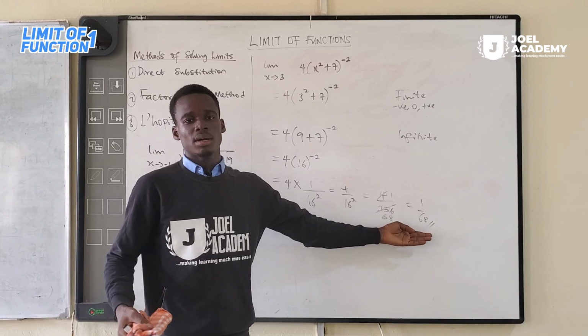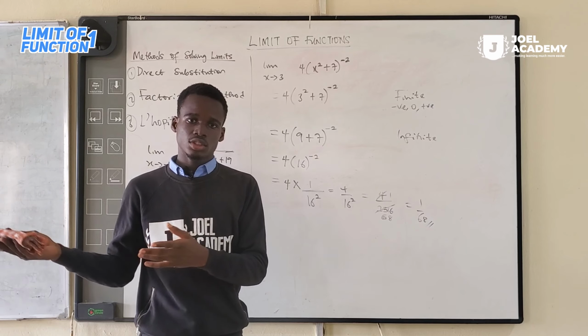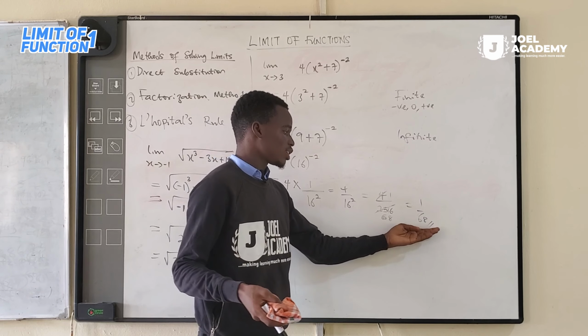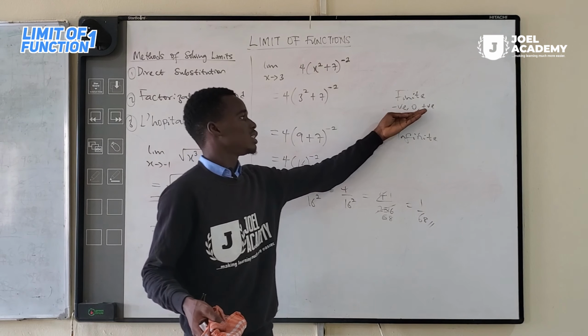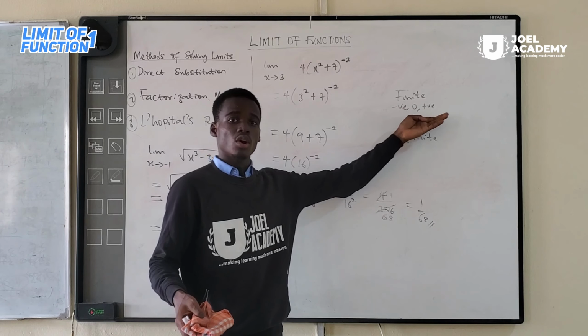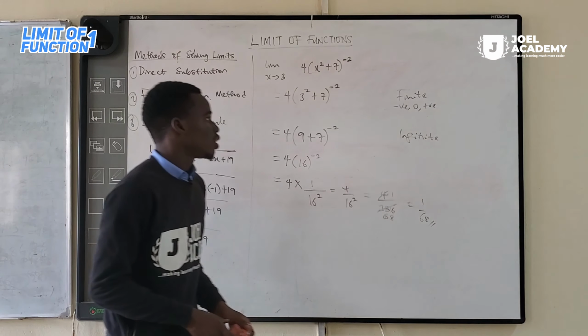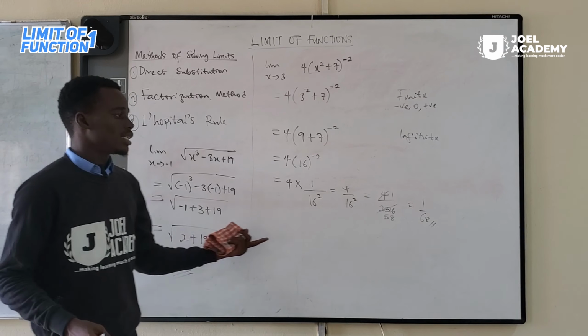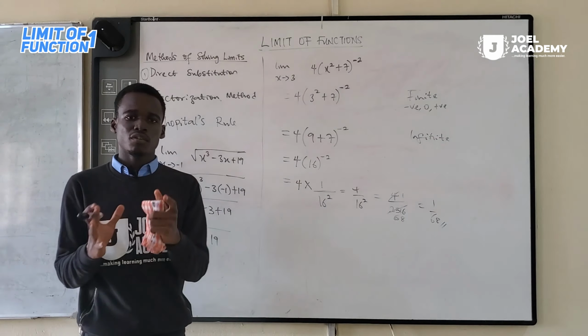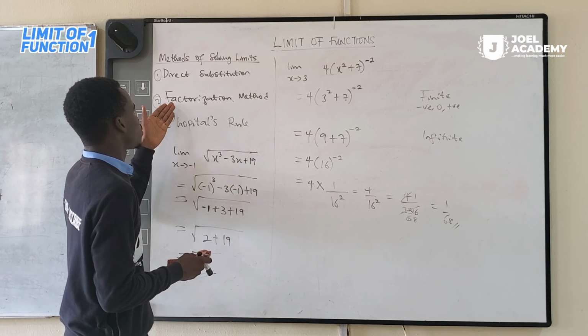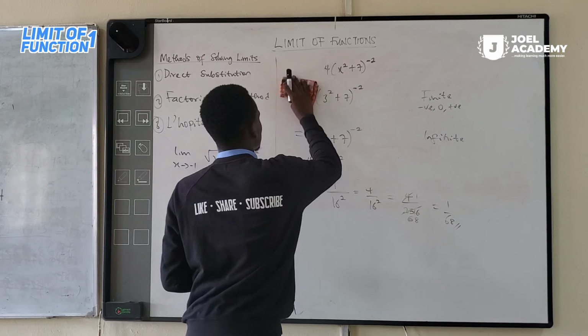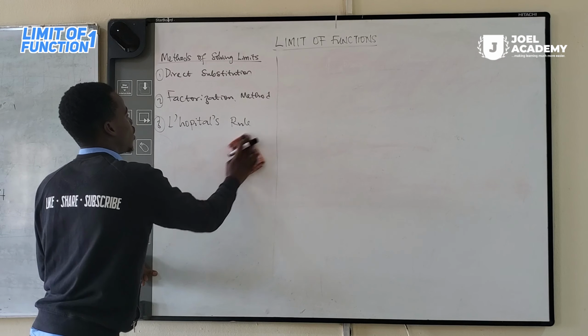It's also a finite number. You'll be having 0 point something as a final answer. So it still falls within the range of either a negative number, 0, or a positive number. But by the time we see that our answer is infinity, it means we have to look for another way out. And that's what we're going to see from the next question that we'll be solving.